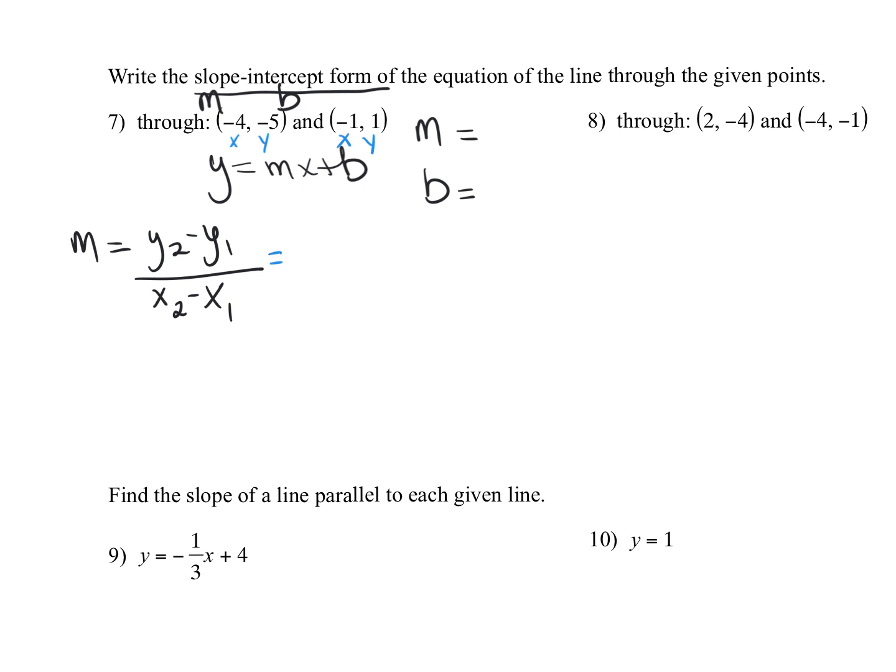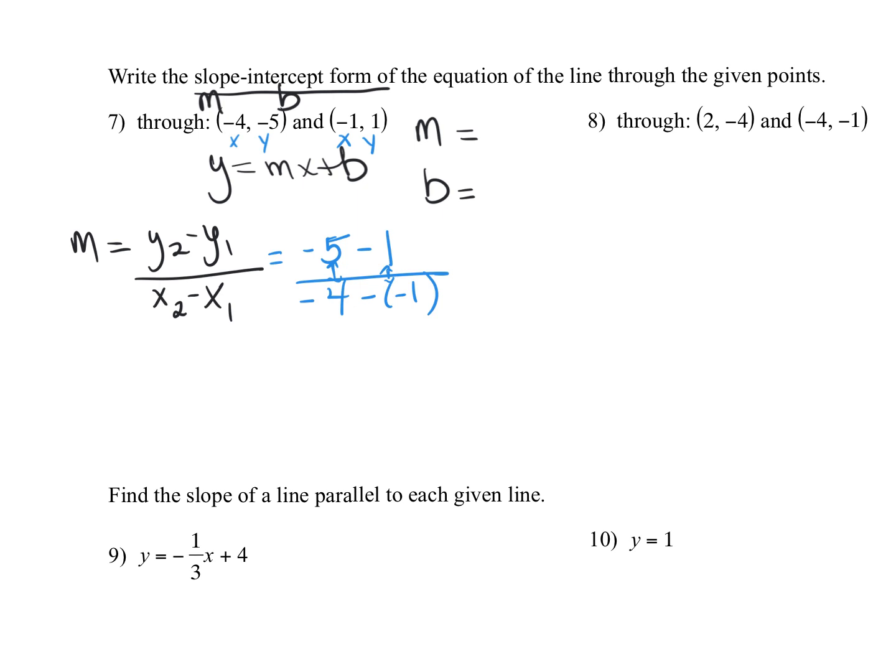So I'll start with -5 minus a +1, and that's going to be over -4 minus a -1. Okay, so notice how the 4 and the 5 are paired and vertically aligned, just like the coordinates.